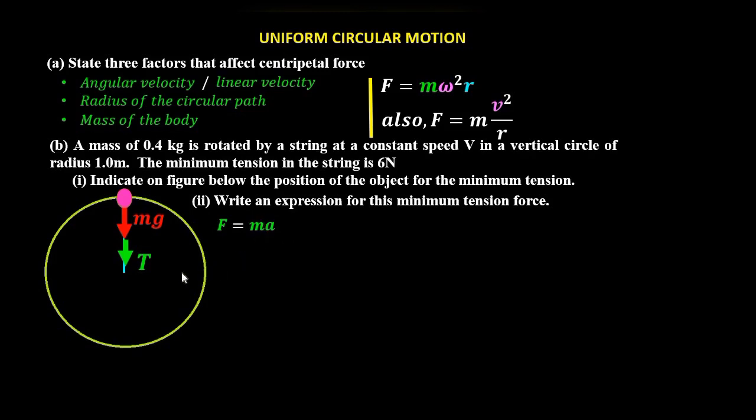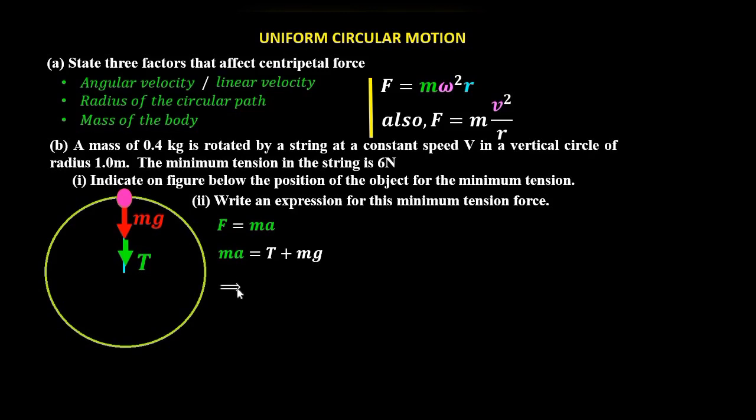Now ma is equal to the sum of these 2 forces, which are acting in the same direction. So we have both of them being positive. So we have tension plus the weight of the object.